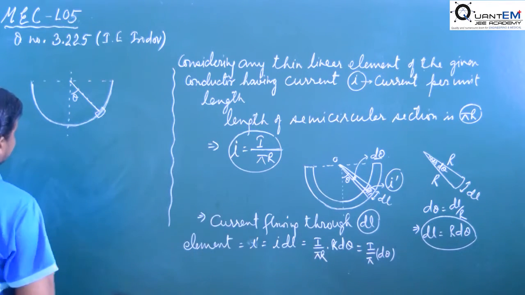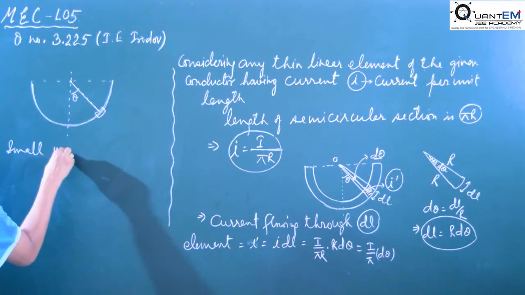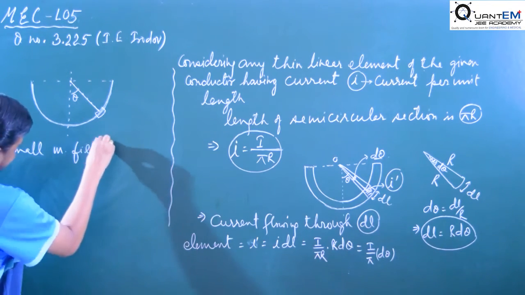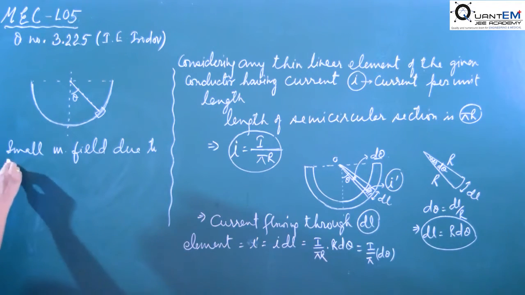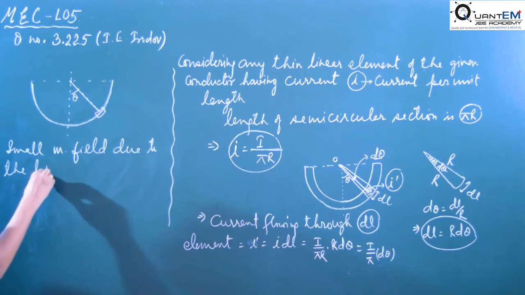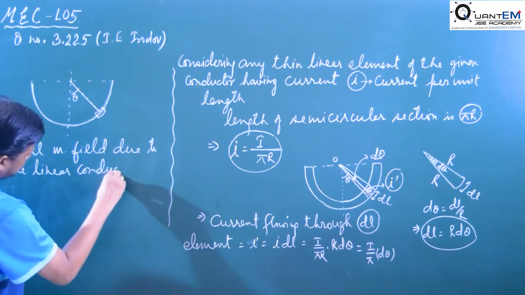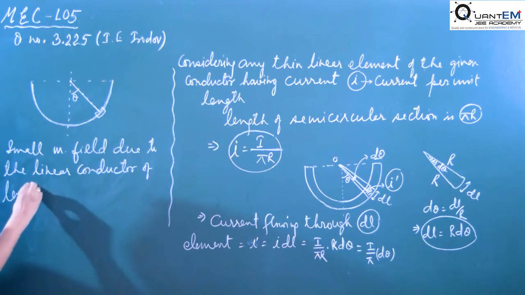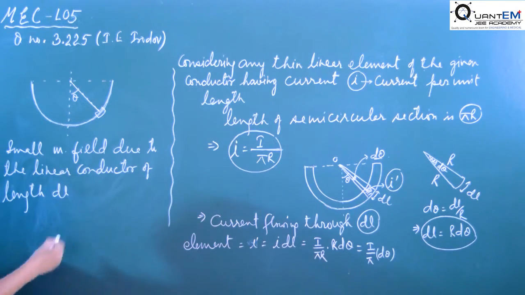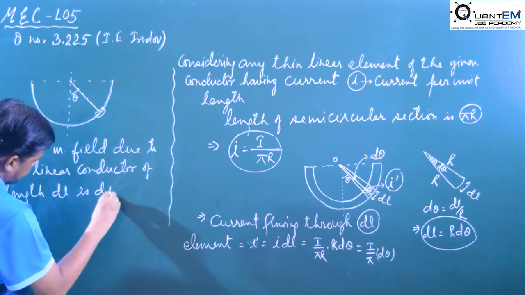That's why the small magnetic field due to the small element of length dl here, the small magnetic field due to the linear conductor of length dl, is dB.